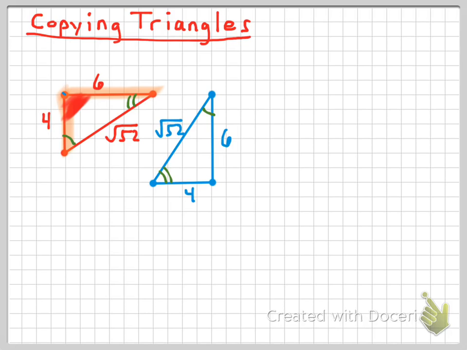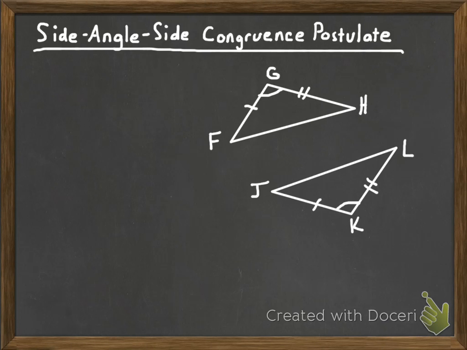The point being, you copy two sides and their included angle from one triangle, it creates a triangle that is congruent to the original triangle. Alright, and so if you have two pairs of sides and an included angle of one triangle that are congruent to their corresponding parts of another triangle, that makes the triangles congruent. And that's called the side angle side congruence postulate that states that fact.